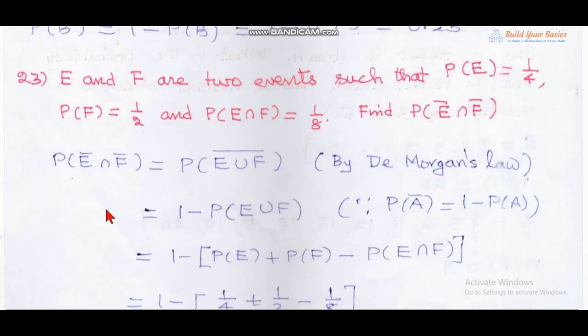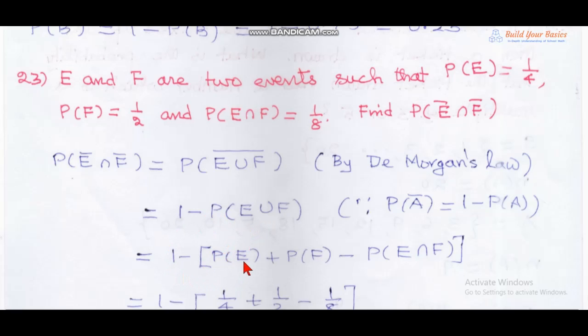We have probability of X bar equals 1 minus probability of X. Therefore, probability of E union F whole bar equals 1 minus probability of E union F. That's equal to 1 minus bracket, addition theorem on probability for two events.